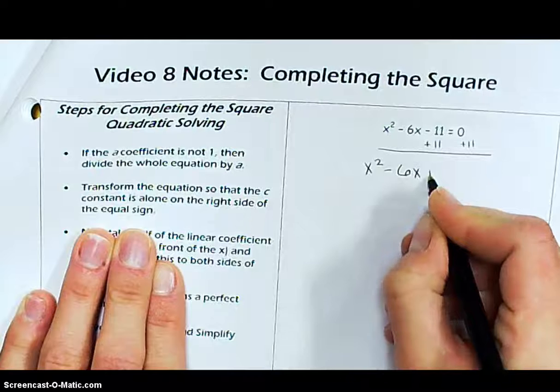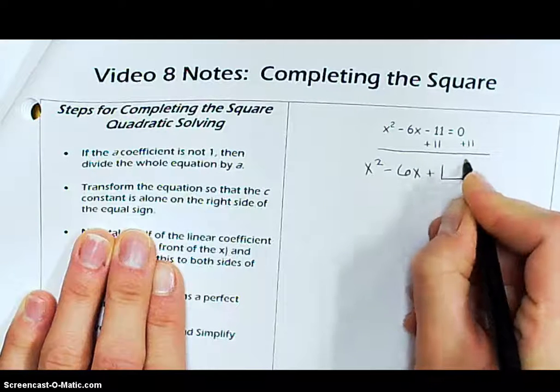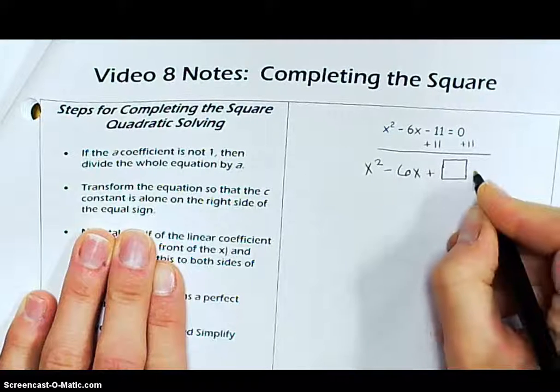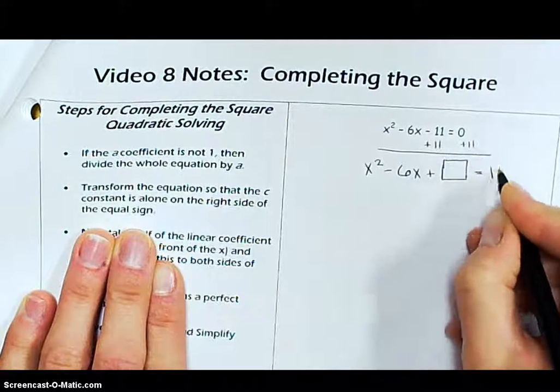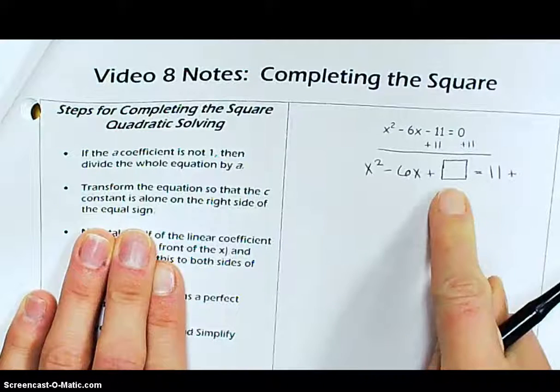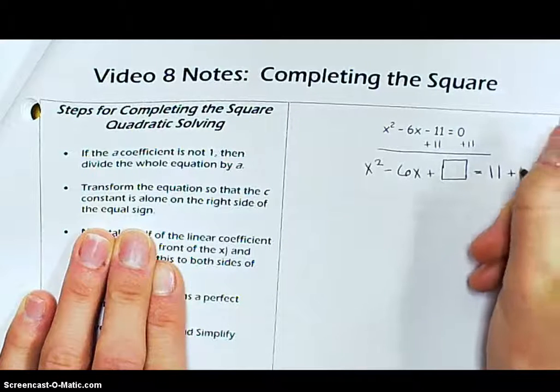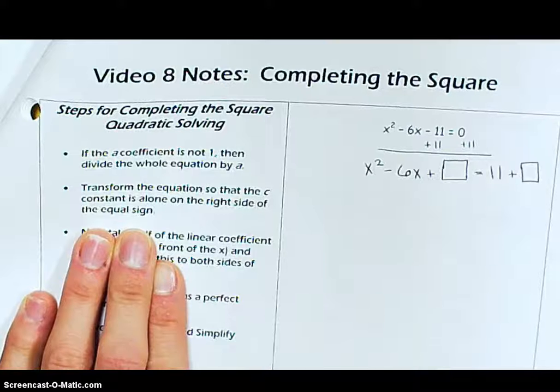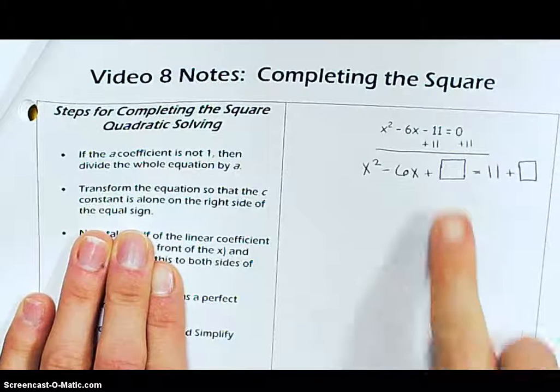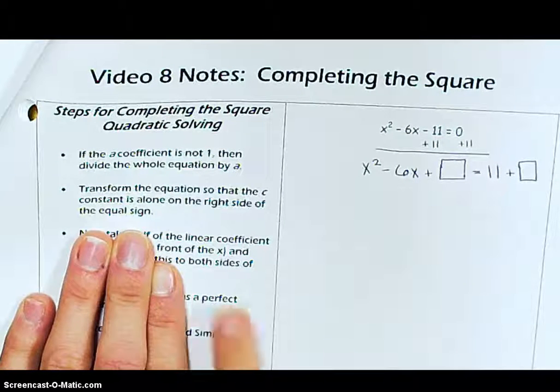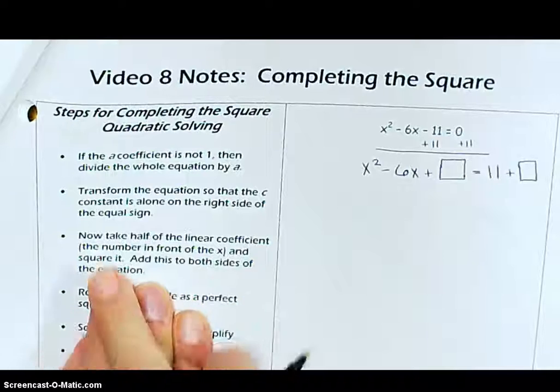Where the 11 was, now we're going to put a square, is equal to, now we added the 11 over, and if you add a square to one side, we have to add a square to the other side. Okay, so now we have to figure out what we're going to put in that square. So let's take a look at the next step.